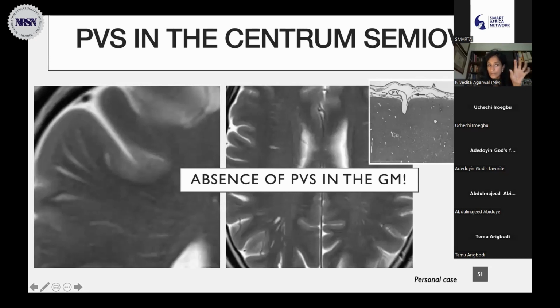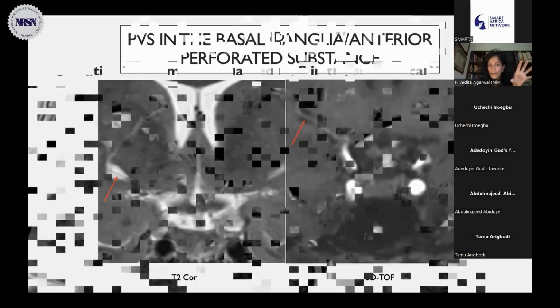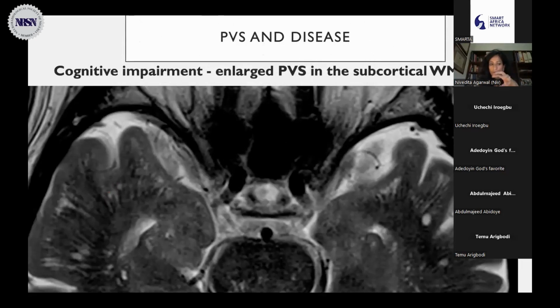A little hard to understand, but this is the fact. And these spaces can, in pathological cases, be present everywhere. And again, as you see the distinctions, these spaces abruptly end at the gray matter. Okay.